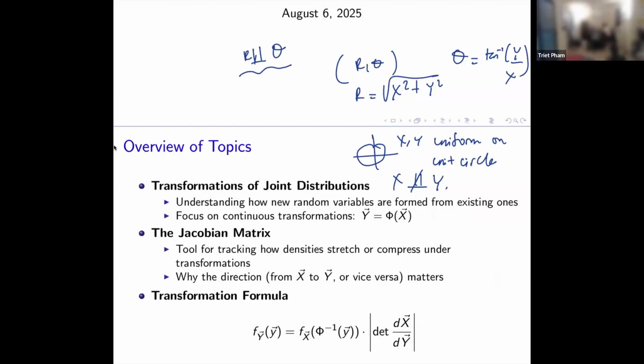Let's take this case where x and y are uniform on a unit circle, and if I define r and theta like that, then what distribution do r and theta have marginally? Intuitively, I'm not saying that you would know it, but what distribution would r and theta have marginally? As a guess, basically.